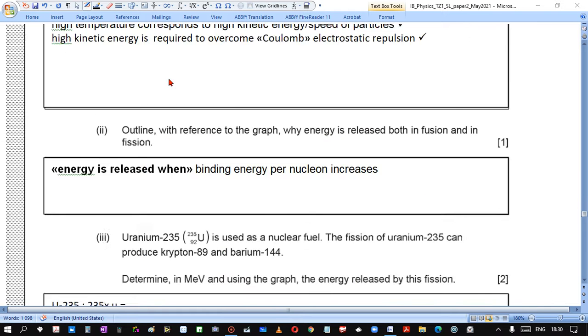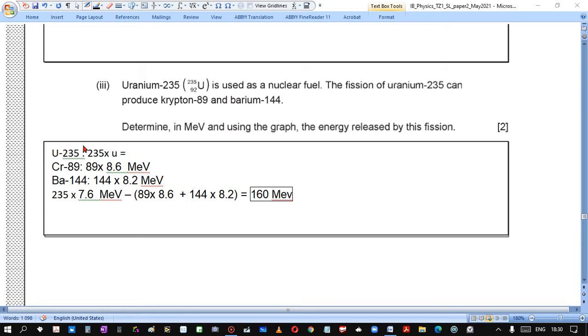In the same manner, using the graph, you can find that for krypton, with mass number 89, it is about 8.6, and for barium-144, binding energy is 8.2.